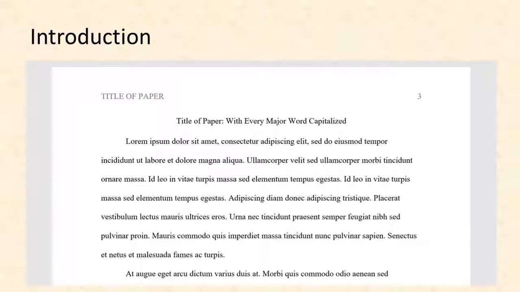Now we're ready to go to the beginning of the body. The body of an APA manuscript is usually found on page 3, after the title page and the abstract. And notice that the title of the paper is once again placed at the very beginning of the body. And unlike a level 1 heading, which we'll see in a few seconds, the title is not bolded, but it is centered.